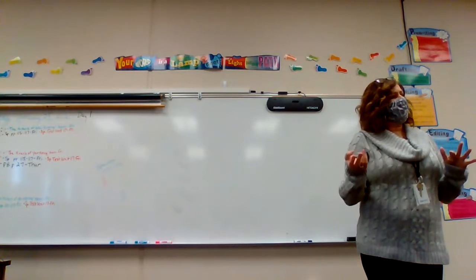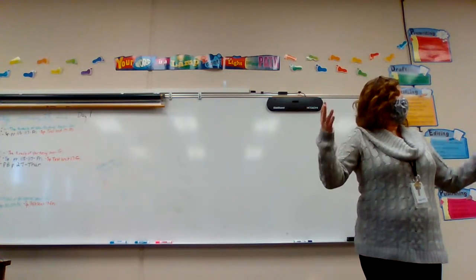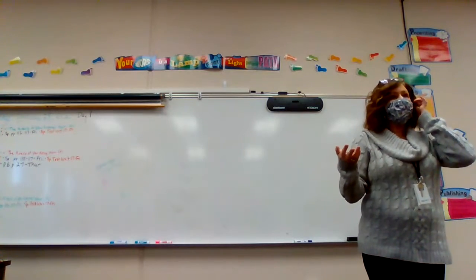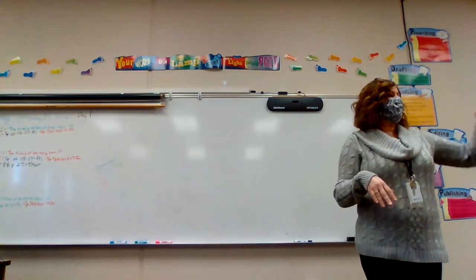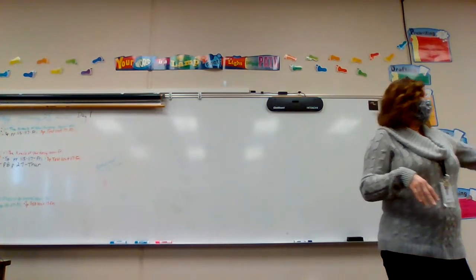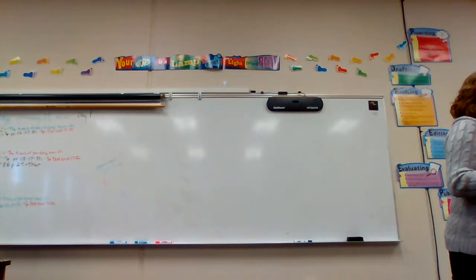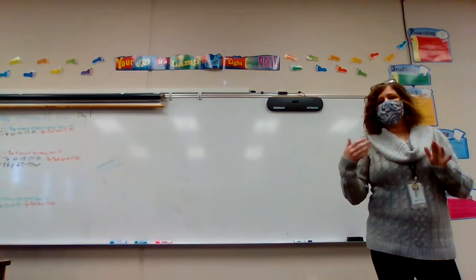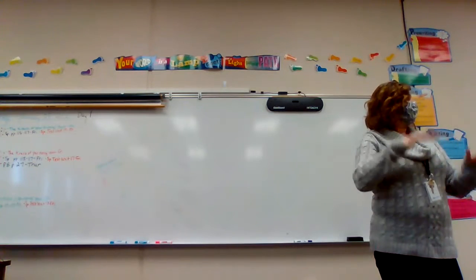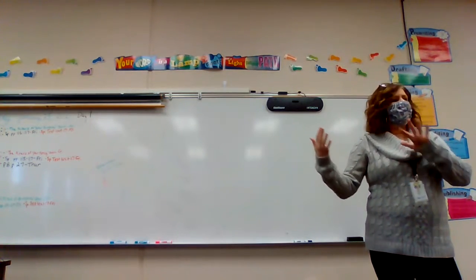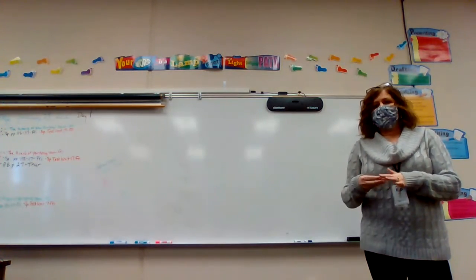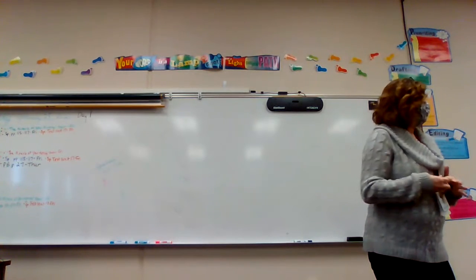So that's why we call them clauses, because sometimes they're not a whole complete sentence. Because a complete sentence has a subject and a verb and expresses a complete thought. But a dependent clause has a subject and a verb, but it doesn't express a complete thought.